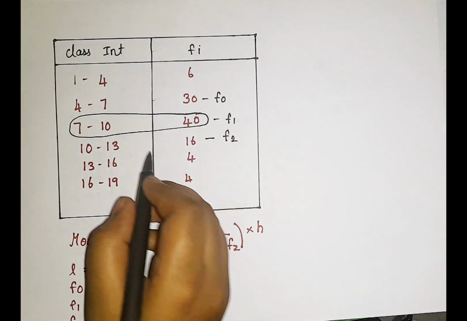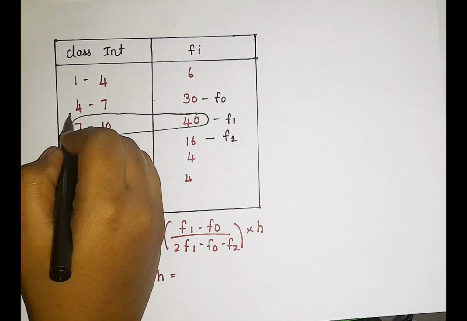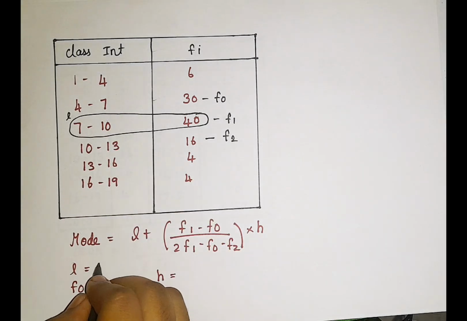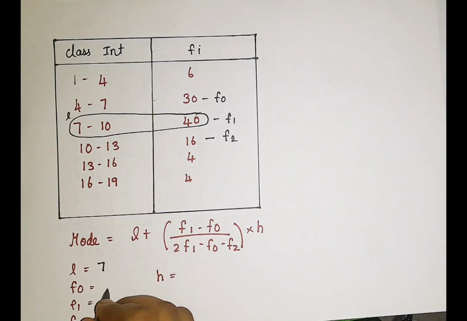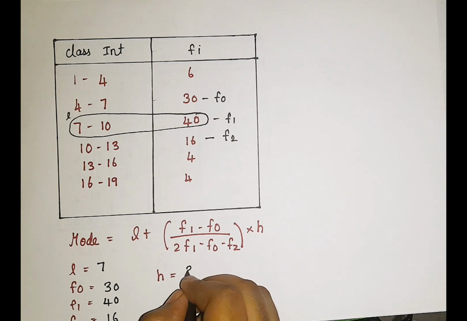Here, in these both values, which is the lower limit? This is the lower limit, so the lower limit is 7, f0 value is 30, f1 value is 40 and f2 value is 16. What about h? Upper limit minus lower limit. So 10 minus 7, it's going to be 3.